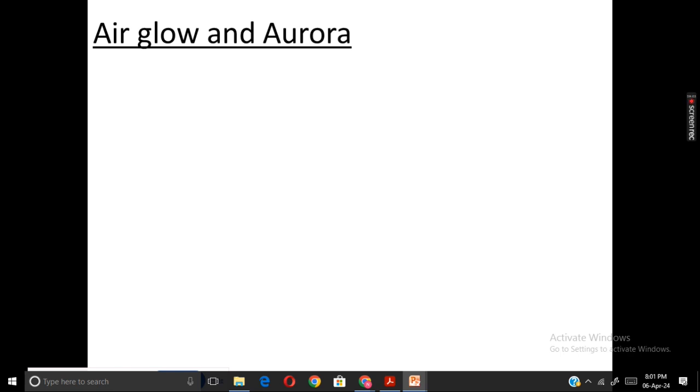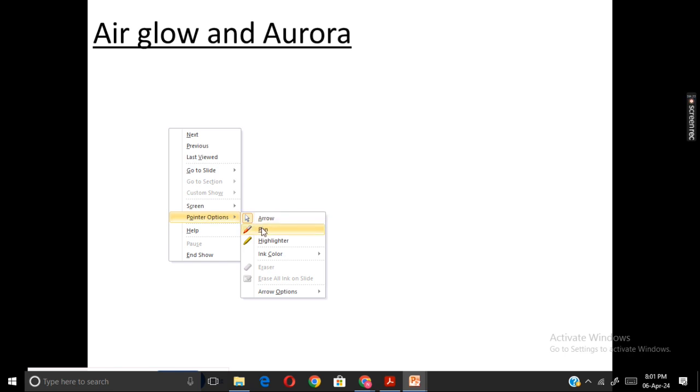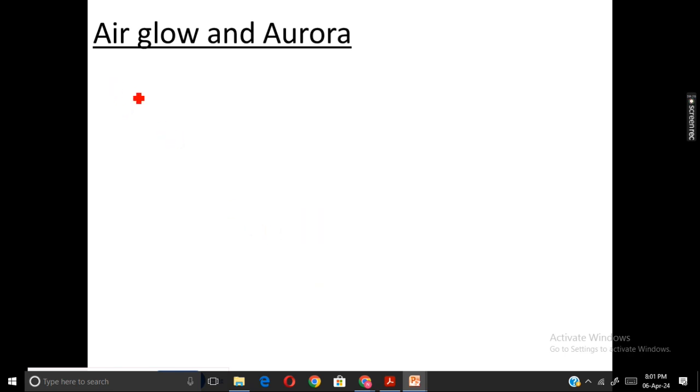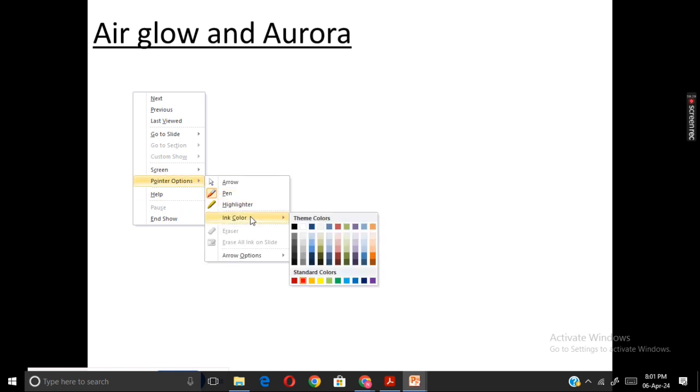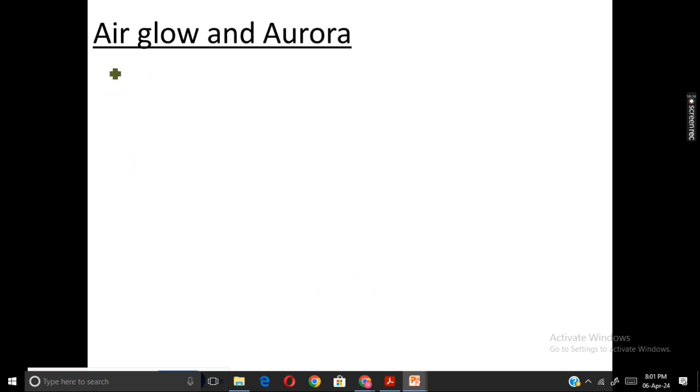I will be telling what the differences are between these two phenomena. We will start with aurora.